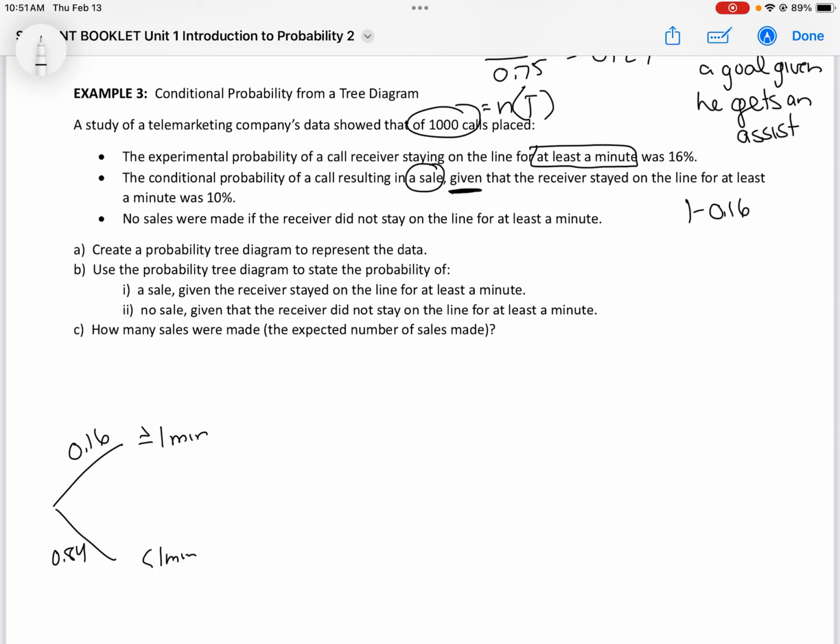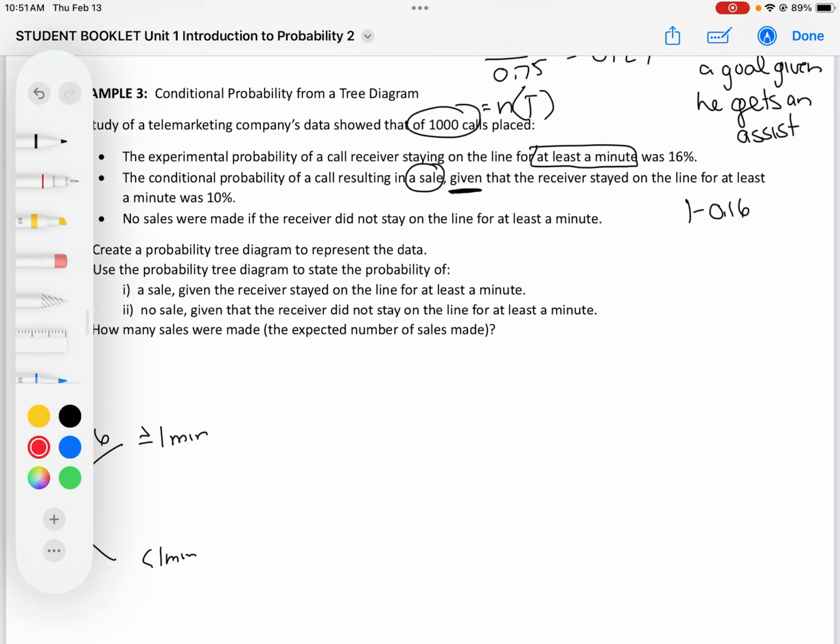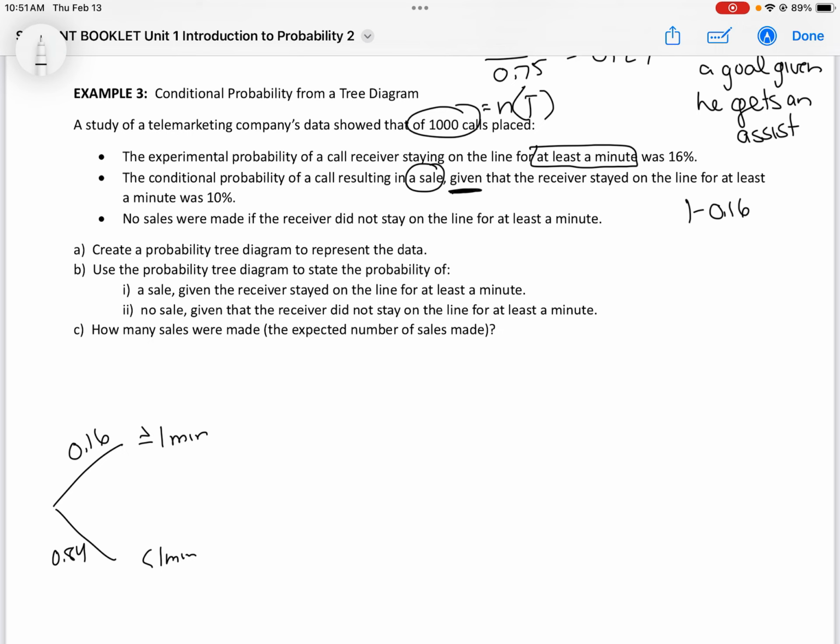So in this diagram we're going to locate a minute, which is right here, and we're going to start there. If we're starting at greater than or equal to a minute, then I can say 0.1 end up in a sale, and as a complement, 0.9 end up in no sale.